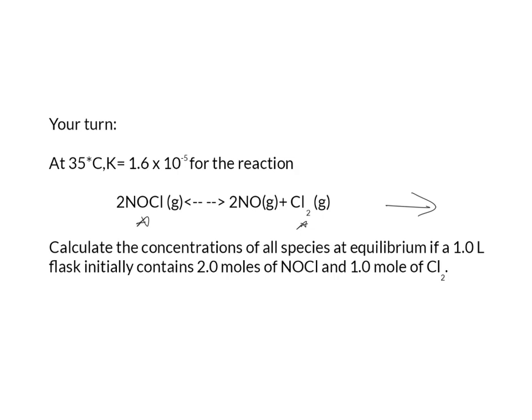When you fill out your ICE table, instead of the concentrations of both products being 0, you will have a concentration of one of the products to fit into your ICE table. If you have any problems or issues with this, please send me an email or a message, and I will try to help you through the problem.